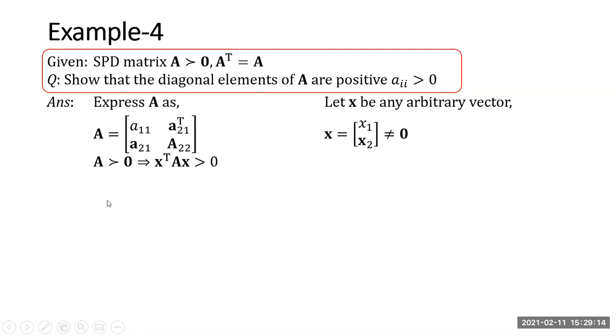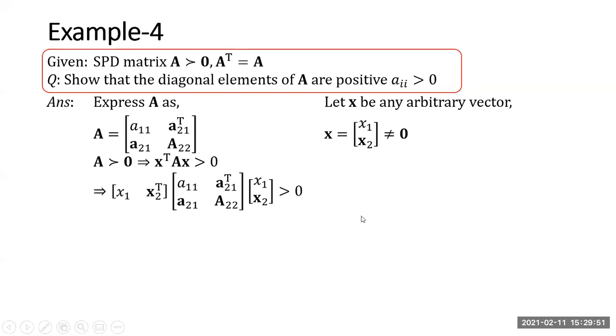Now, since A is positive definite, x transpose A x must always be greater than 0 as long as x is non-zero, right? Now, plugging in the values, we have x1, x2 transpose. x1 transpose is x1, because it's a scalar, times this whole block matrix, times this block vector x1, x2, is greater than 0.